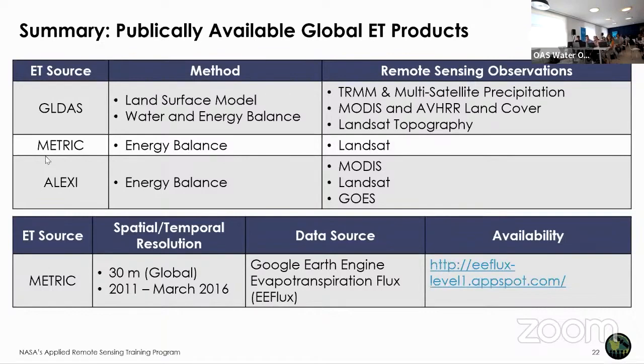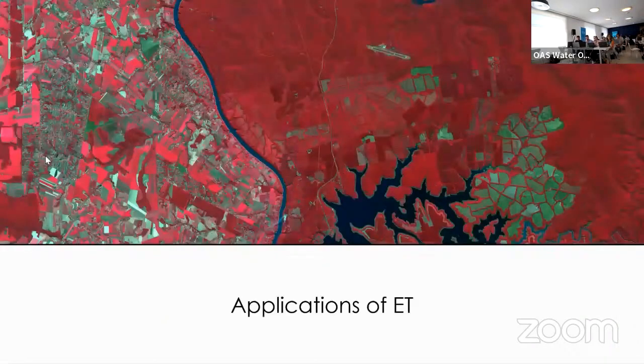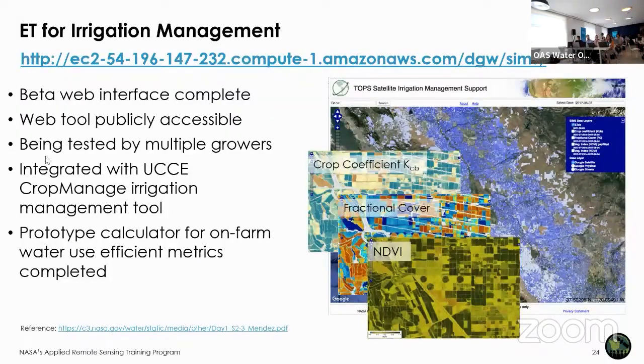Next slide. Okay, and so the applications. I've already gone into the applications of ET a little bit because I've kind of gone through this backwards. If you have ET values, or if you're looking at different crop parameters, then you can remotely assess crop health from space, either using NDVI or some of the evapotranspiration remote sensing products.